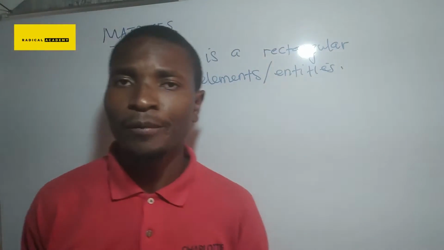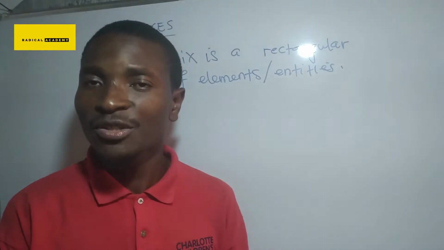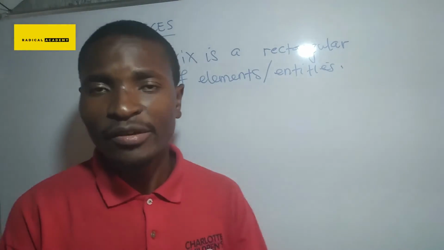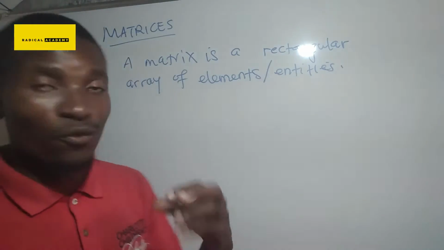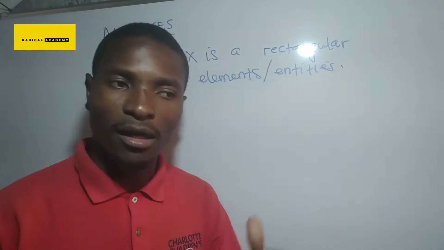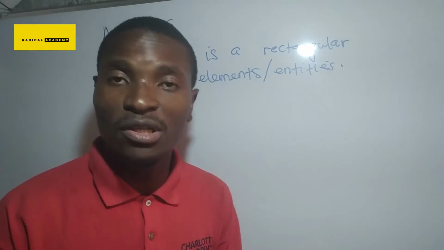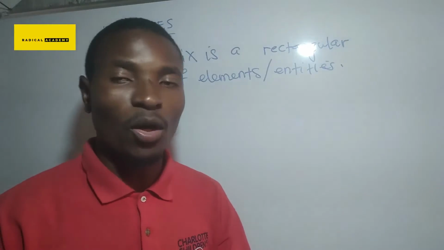When you are talking about a matrix, we are simply saying that a matrix is a rectangular array of elements or entities. So we are more like saying that a matrix is a storage of elements or entities.